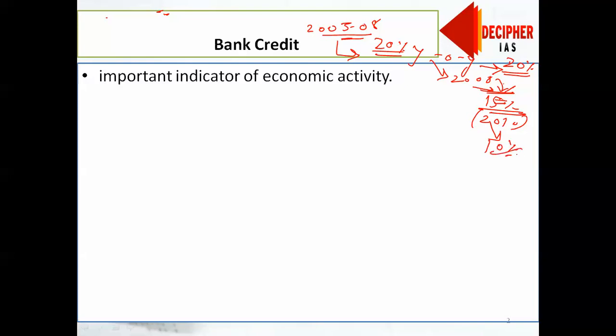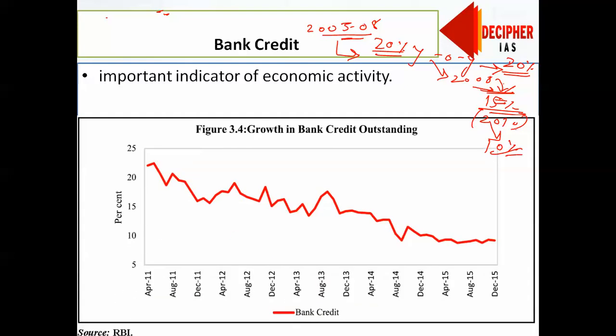I will show you in the graph which I am showing you now. See here, we are showing the graph from April 2011 to December 2015. So just see this February 2014. What you see here is approximately 15%. But after that it is falling, and it has fallen below 10% or approximately near 10%.